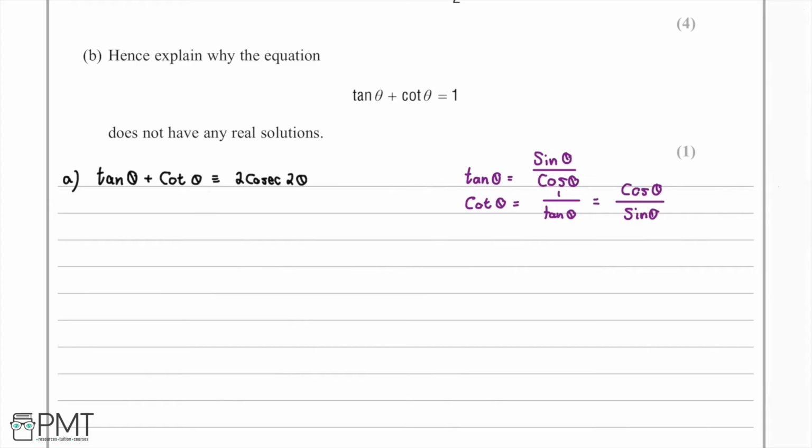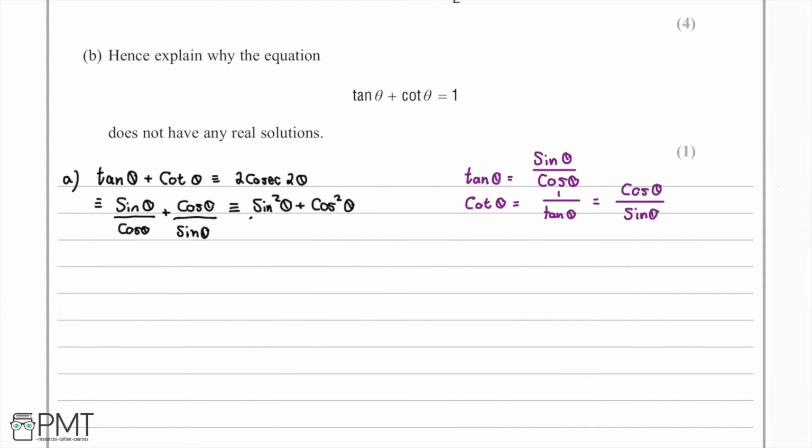We'll have that tan theta plus cot theta is going to be equivalent to sine theta divided by cos theta, and then we are going to add on cos theta divided by sine theta. And then I think the next best step from here would be to make these into a single fraction. So to do that, we need to add them together. Sine squared theta plus cos squared theta.